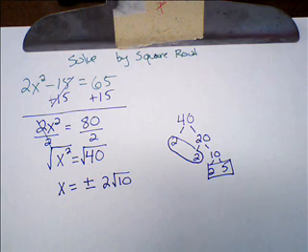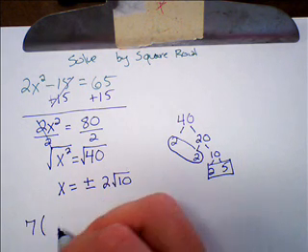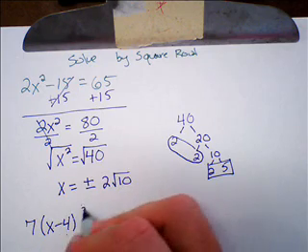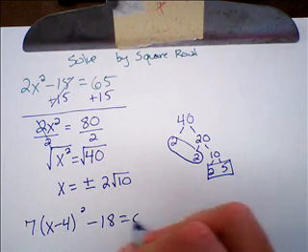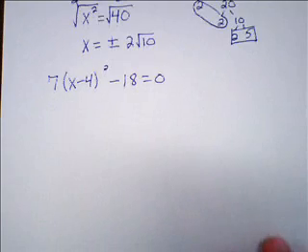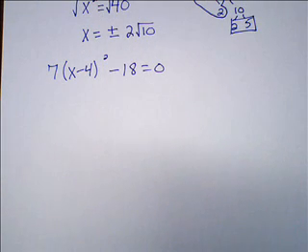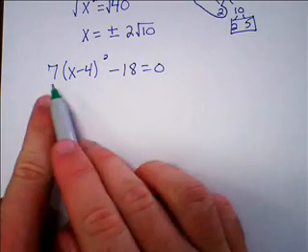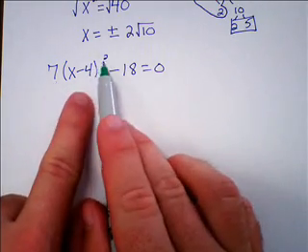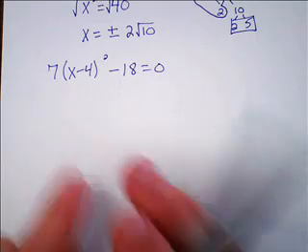Let's say that we had 7, and then x minus 4 squared minus 18 equals 0. And this will be the last example in this video, because if you can do these two, you're in pretty good shape.